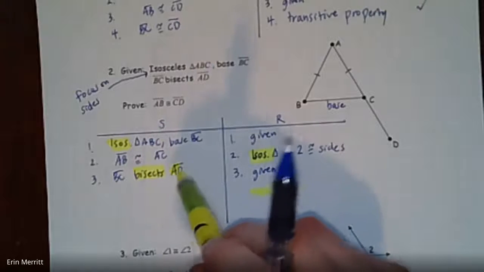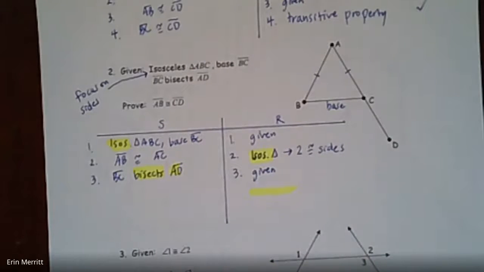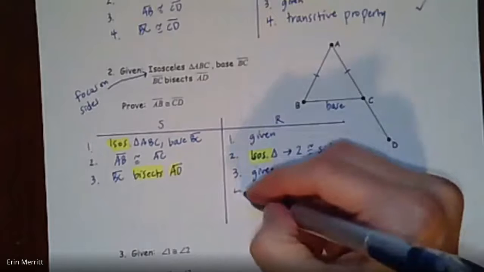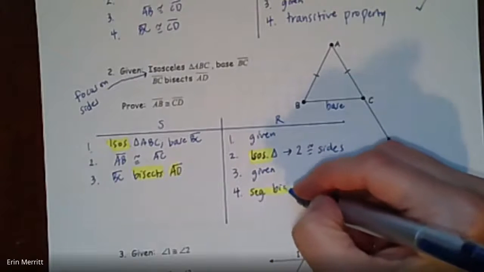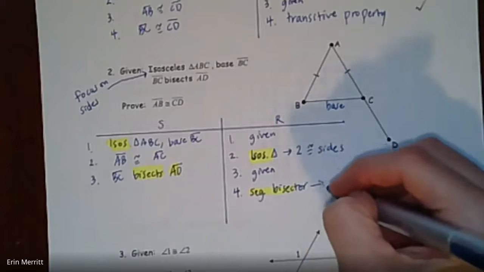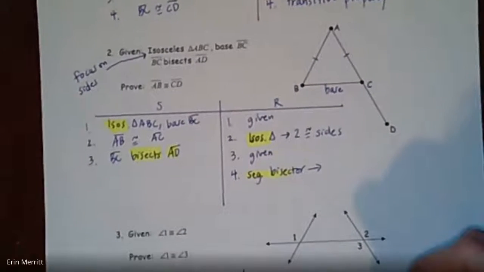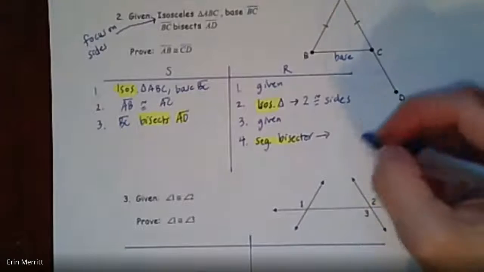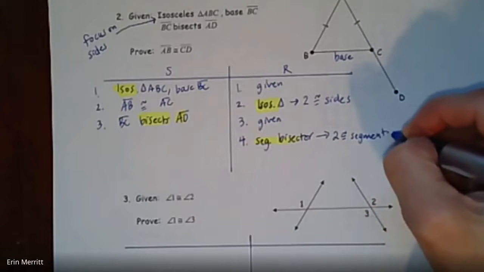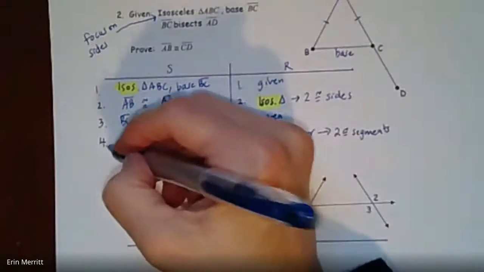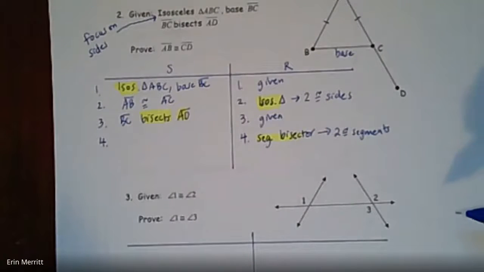So when it says BC bisects segment AD, that's when I know what type of bisector I have. So for step 4, I have a segment bisector. And yes, you can abbreviate if you like. So segment bisector, that's going to imply that we have 2 congruent segments. And now in the diagram, you should be able to pick out what those 2 congruent segments are.